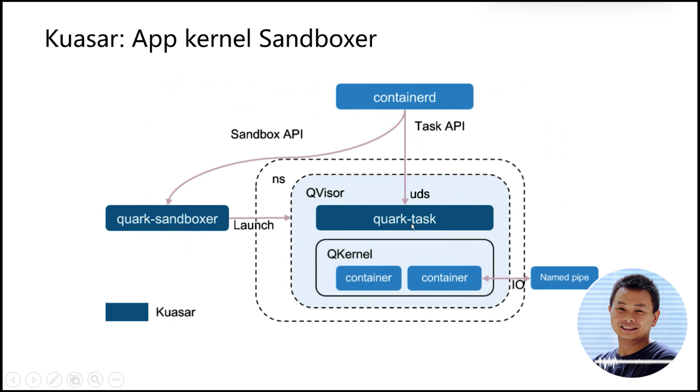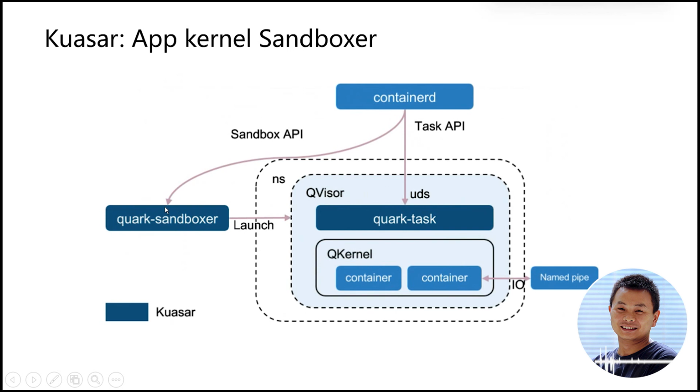This process will start a task API server inside it and serve the task API through a Unix socket, and containerd can call this task API through this socket, and it will start the containers inside the kernel that is inside this process.